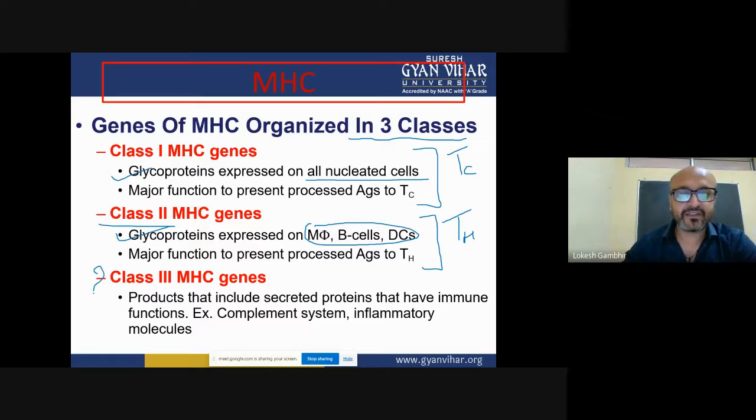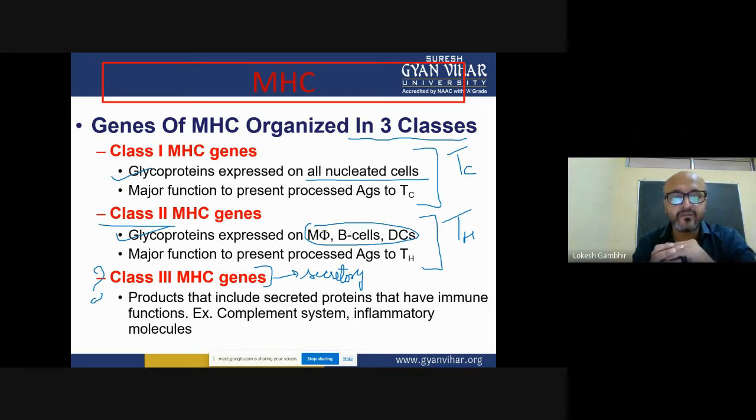What is class 3? Now see, class 3 genes produce secretory proteins. That is the reason why we had not talked about these proteins in terms of surface expression. On the surface, the work of presenting the antigen is the job of the first and second class.